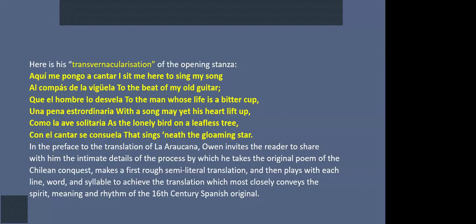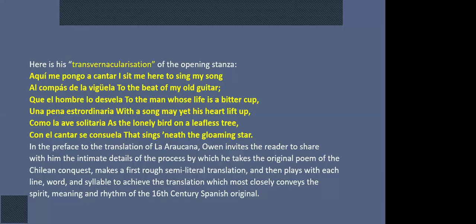And we read here, in the preface to the translation of La Araucana, Owen invites the reader to share with him the intimate details of the process by which he takes the original poem of the Chilean conquest, makes a first rough semi-literal translation, and then plays with each line, word, and syllable to achieve the translation which most closely conveys the spirit, meaning, and rhythm of the 16th century Spanish original.